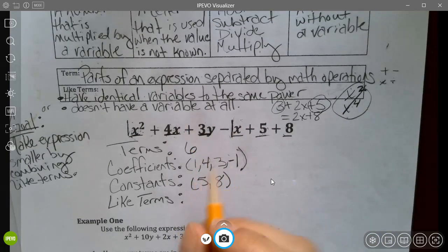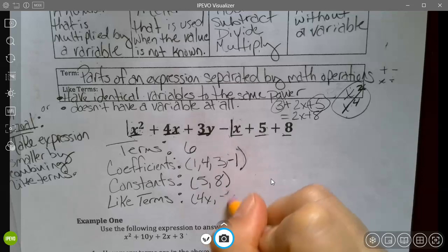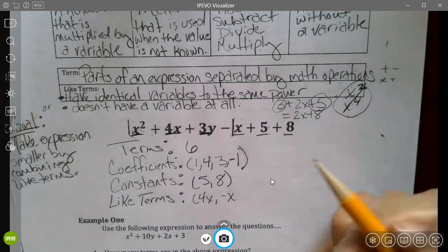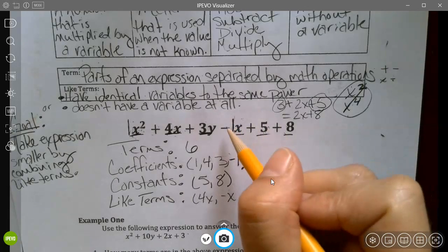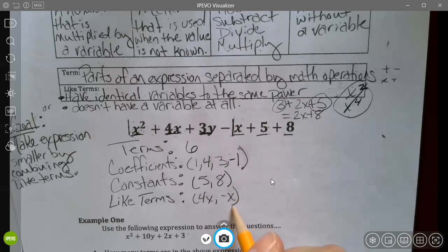So I am going to say yes, these are 4x and negative 1x, or I could just leave off the 1 when I write it. Negative x. Why did I put the negative? Yeah, because there's a subtraction sign in front of there. Good job. Both of those are like terms.